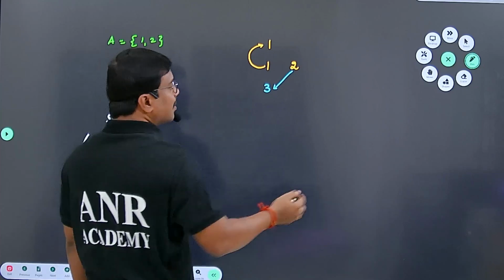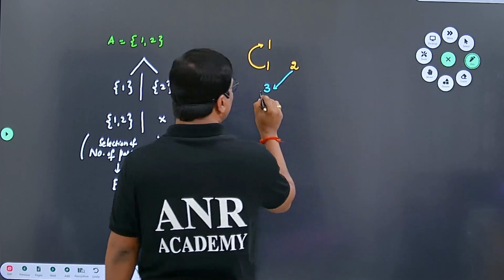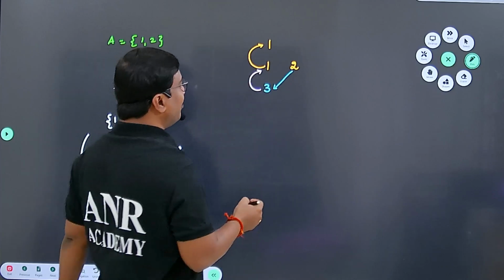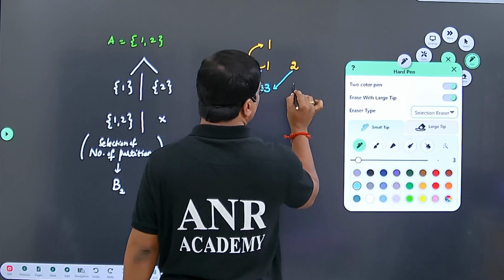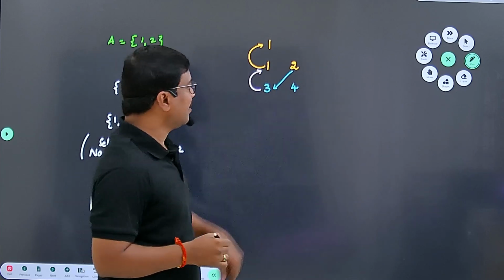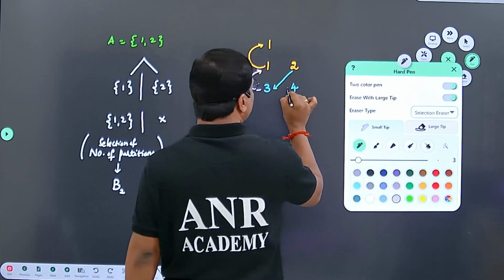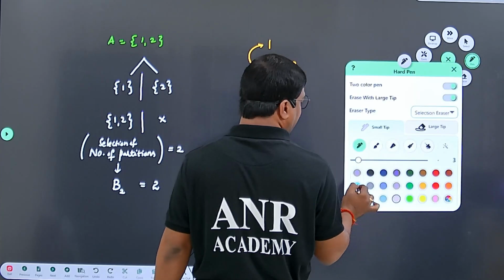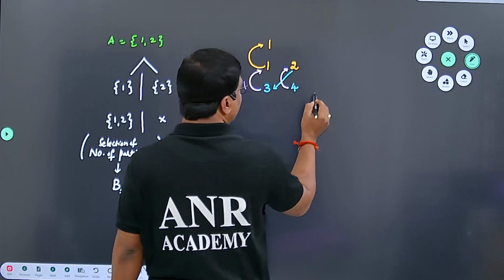Next, the sum of these 2, 3 and its preceding term 1, that is 4, and after that 4 plus 2 you have to mention here. The sum of these 2 terms you have to write as the next element.